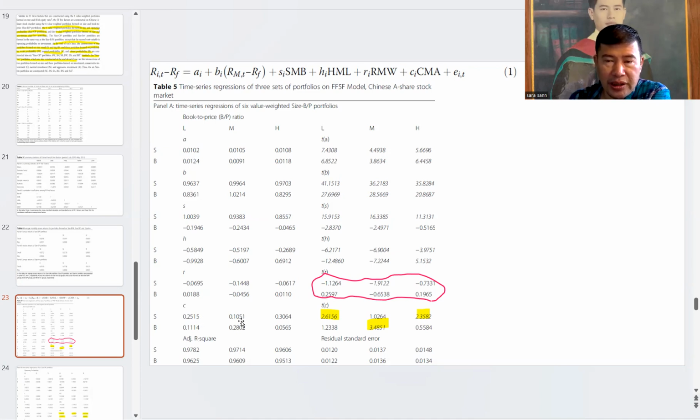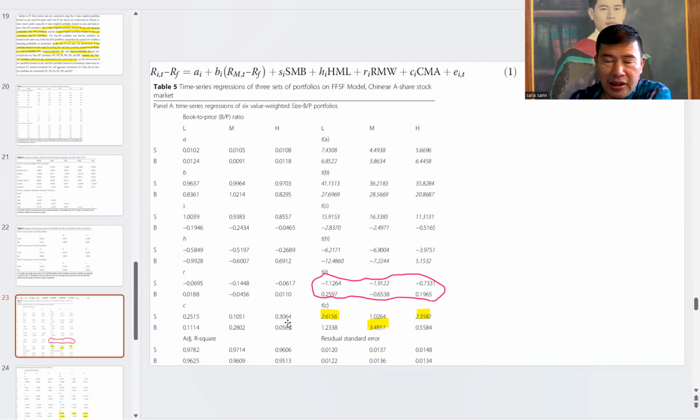And the small to medium book to market ratio related to return on investment, 10%. This one, 30%. Which one is the best? Yeah, the last one is the best because the T statistic is also significant and the result is 30.64.